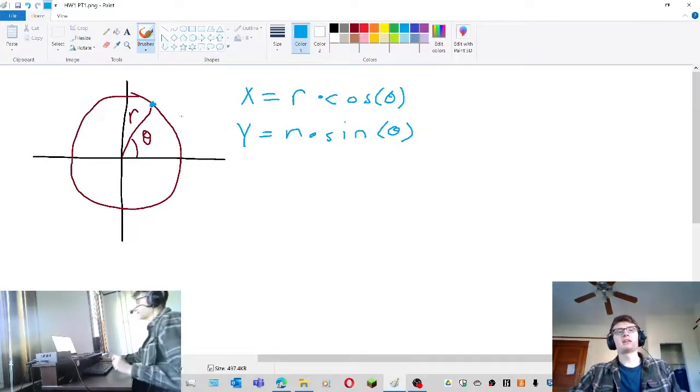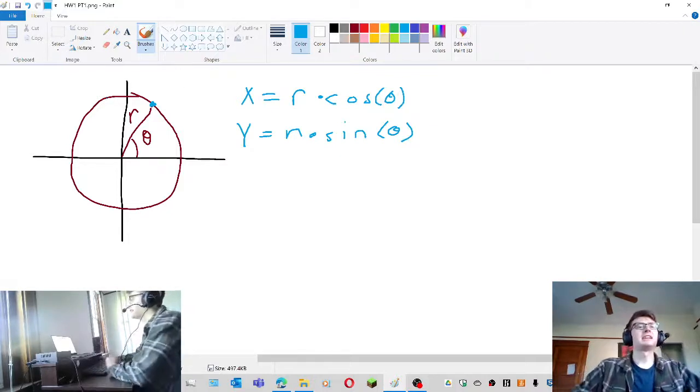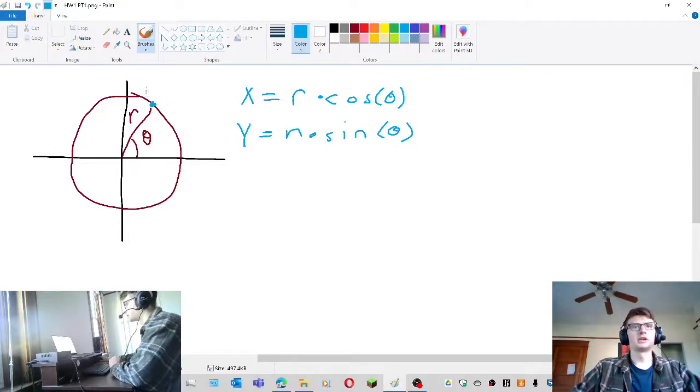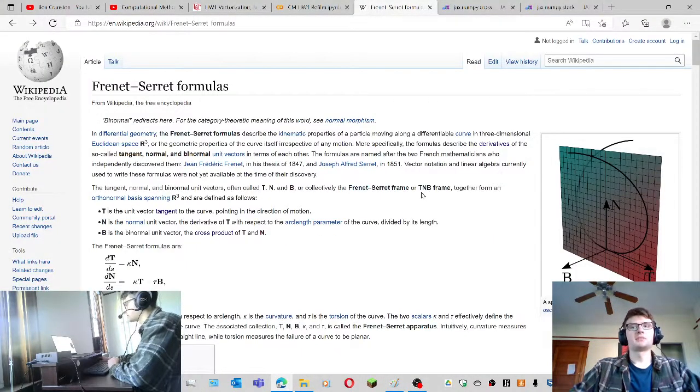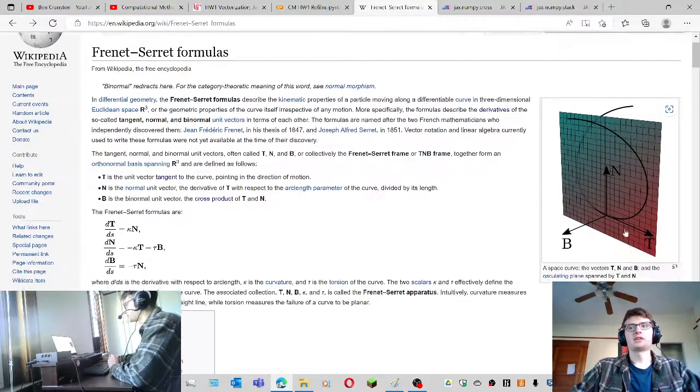But how do I get the plane that r and theta are built on? I need a plane for this circle to exist on. And that's where Frenet-Serret comes in. Frenet-Serret gives us the tangent and the normal, and we can take the cross product of those two to get b.